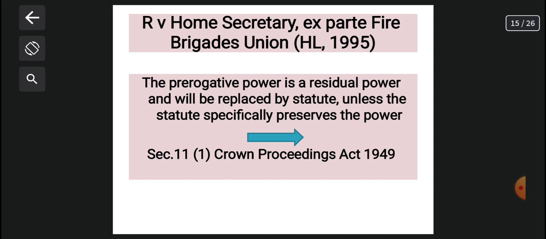And there is a case with the Home Secretary, ex parte Fire Brigades Union. The prerogative power is a residual power and will be replaced by statute, unless the statute specifically preserves the power. Section 11, Crown Proceedings Act of 1949.